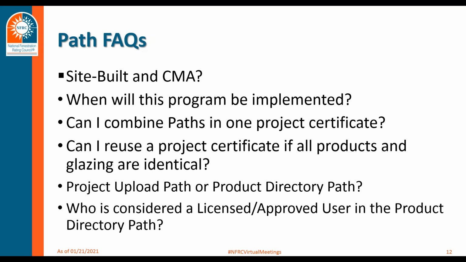How do you decide one path over the other? This will depend on the requirements of the building specification and the type of build for the project. In cases when the project calls for energy performance ratings on product-specific one-off configuration, generally the project upload path would be used. This path will require computer simulation by the NFRC LEAF certified simulator to be performed for each project certificate.